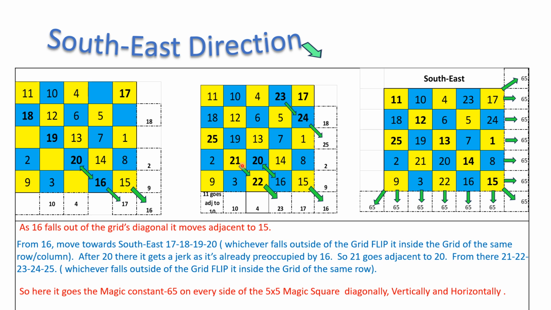So 21, 22, 23 get flipped inside, then 24, then 25 gets flipped inside. Now check it: the first number, last number and the middle number fall on the same line. Now check the sum vertically, horizontally and diagonally. You are getting 65 as its magic constant.